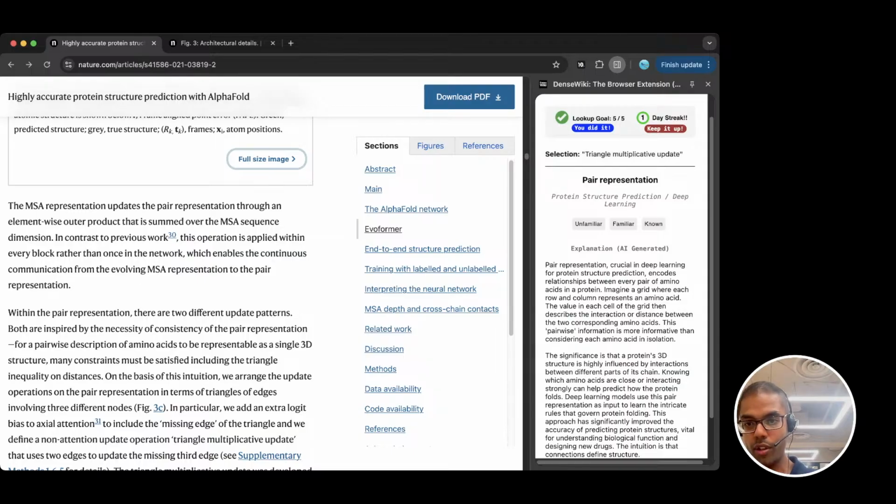It's a grid where each row and column represents an amino acid.